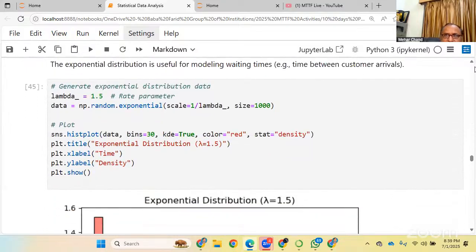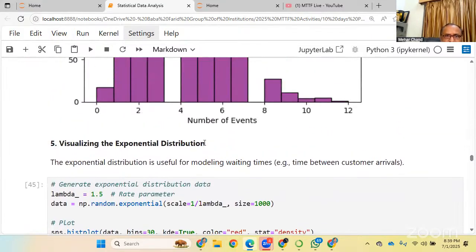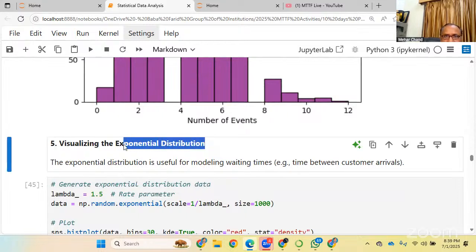Okay, here is the example of the exponential distribution, which we did not define previously. So here we generate the exponential distribution data.